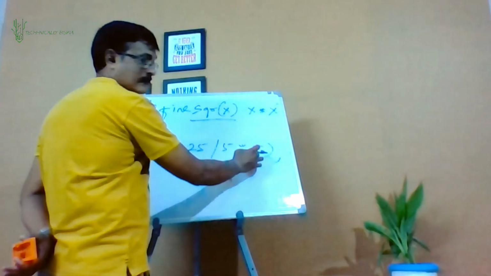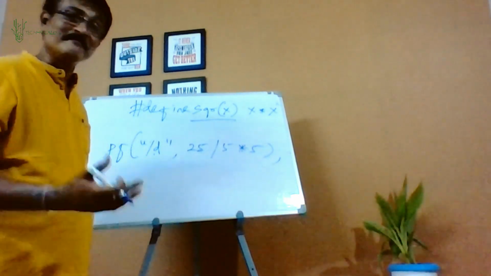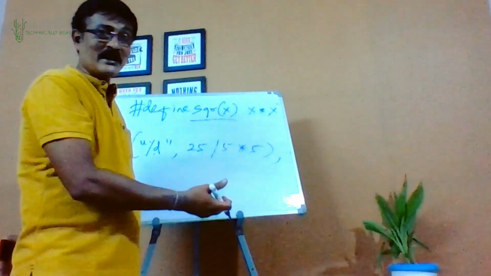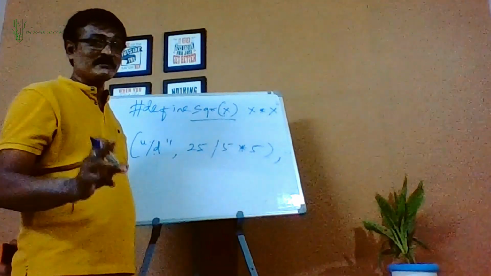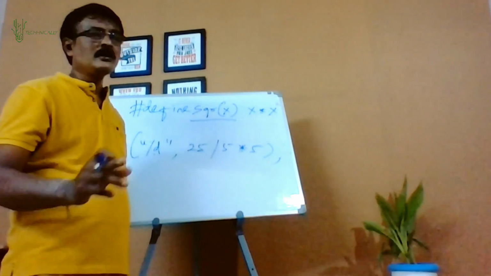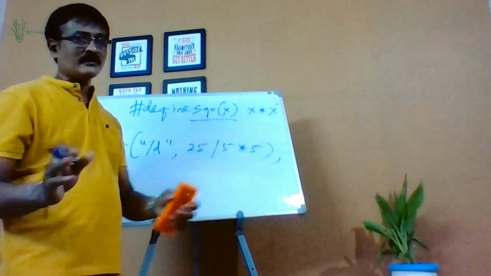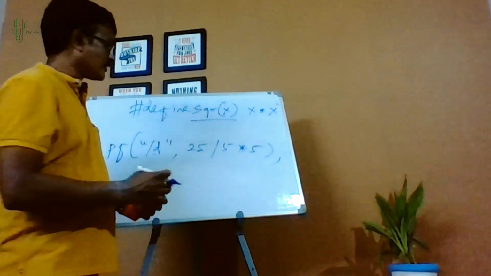That 5 will be multiplied into 5. So the result is 25. But by mistake, most of the time we jump to the answer saying 1. So please don't make that mistake. Always, whenever you get a macro, before jumping to any conclusion regarding the final answer, first expand the macro, then go for the answer.